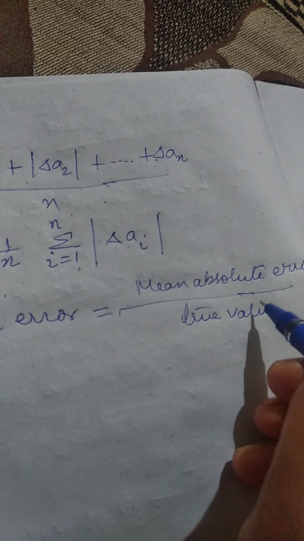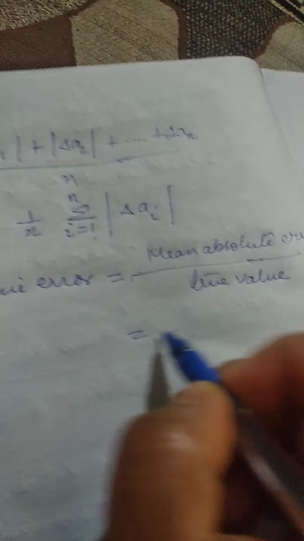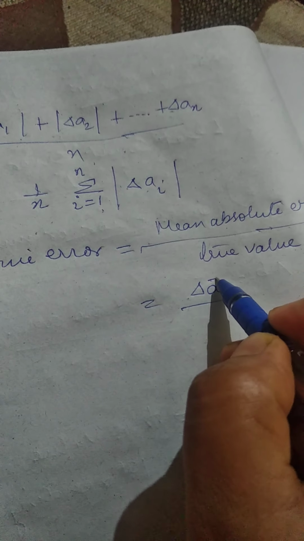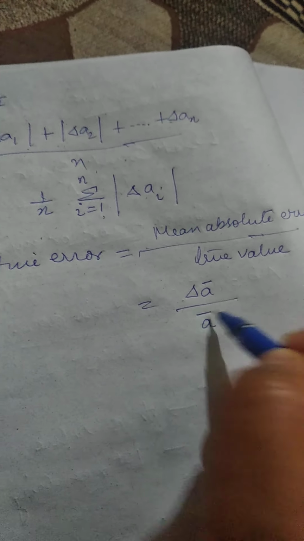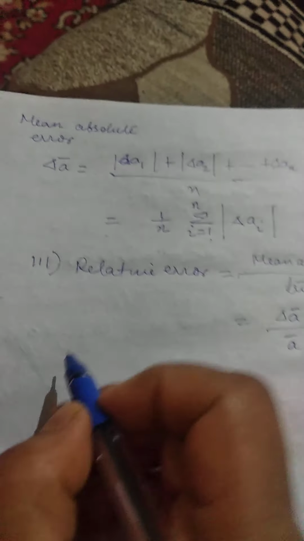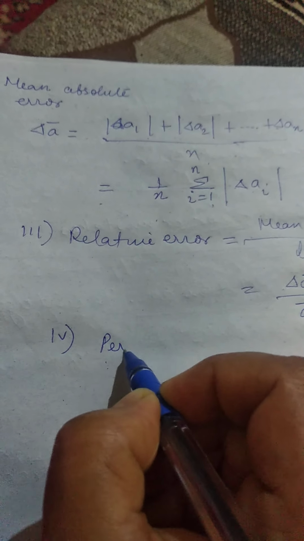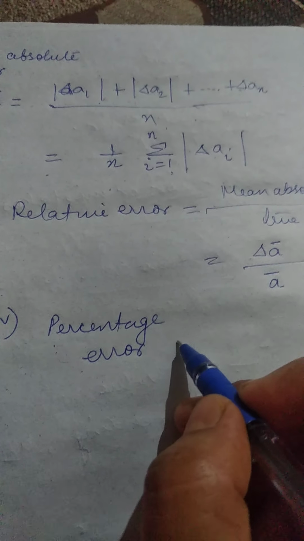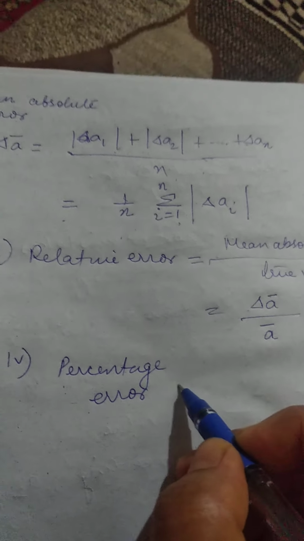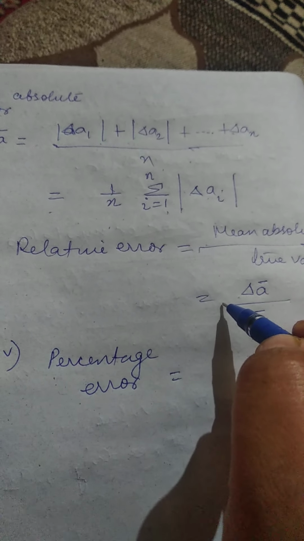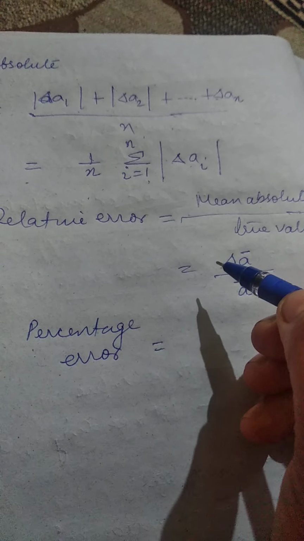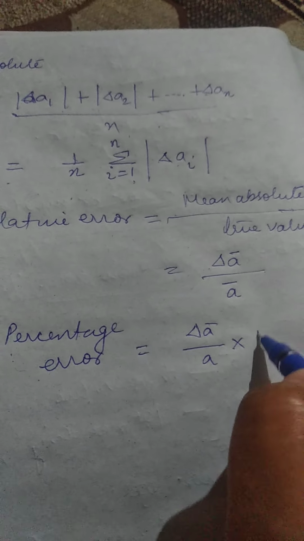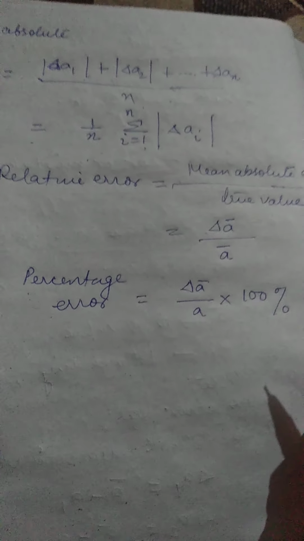So this will become delta A bar divided by the true value, that is A bar. Now if you express this in percentage, it will be called the percentage error. You have to learn all this; if you know the formula, you can easily calculate. Percentage error means expressing this relative error in percentage, that is delta A bar by A bar into 100%. So this will be called your percentage error.